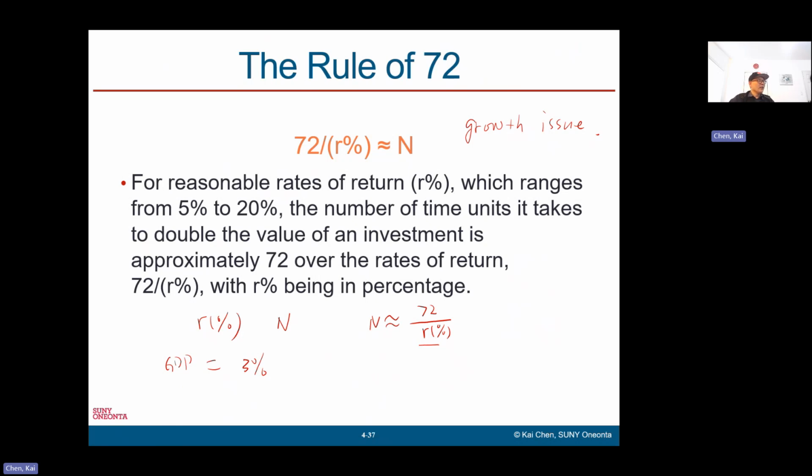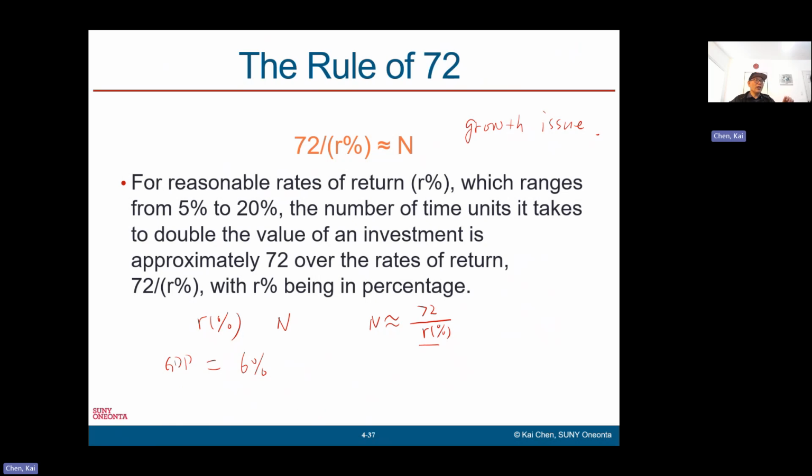Give me a minute. 3% is out of this range, right? So let's say the GDP growth rate is 6%. That would be more reasonable. Now let's look at China. Let's suppose China's GDP growth rate is 6%.